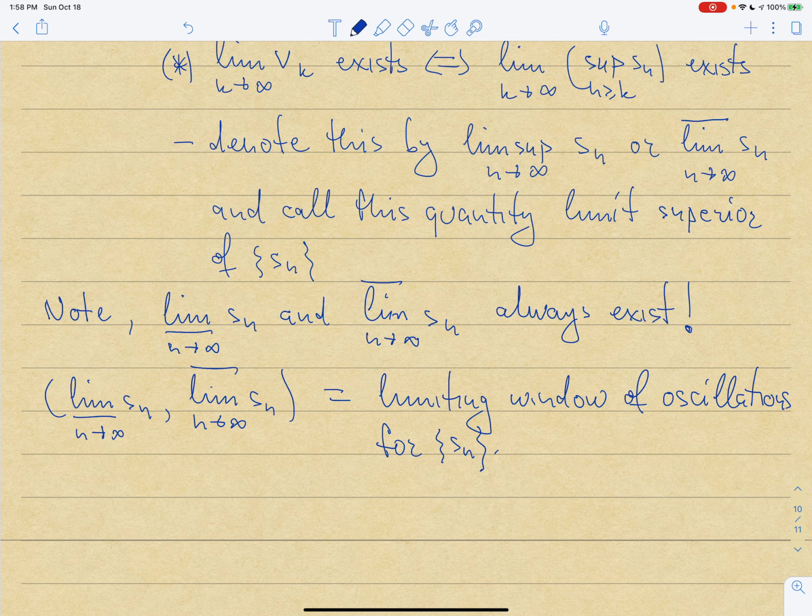If they are not the same, that means that the sequence must be oscillating as n goes to infinity, and lim sup and lim inf will predict the range of those oscillations. So, as I said, we're going to do a few examples and then continue with the theory of lim sup and lim inf in the next lecture.